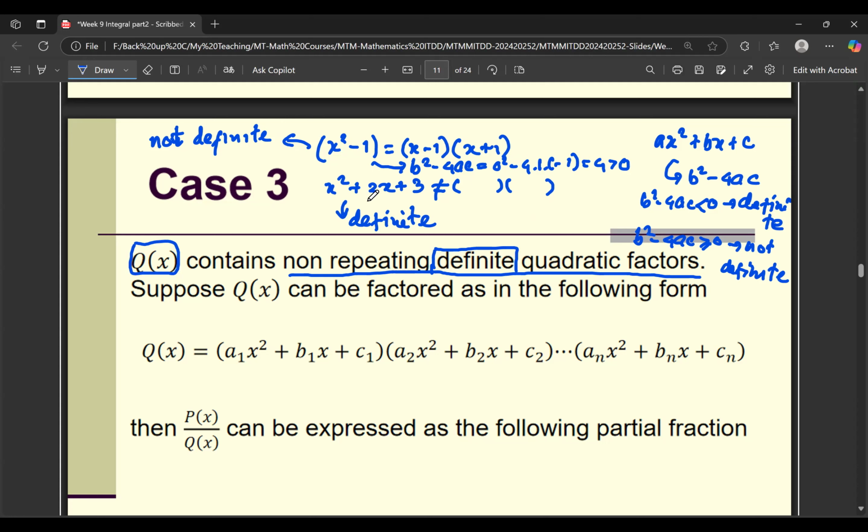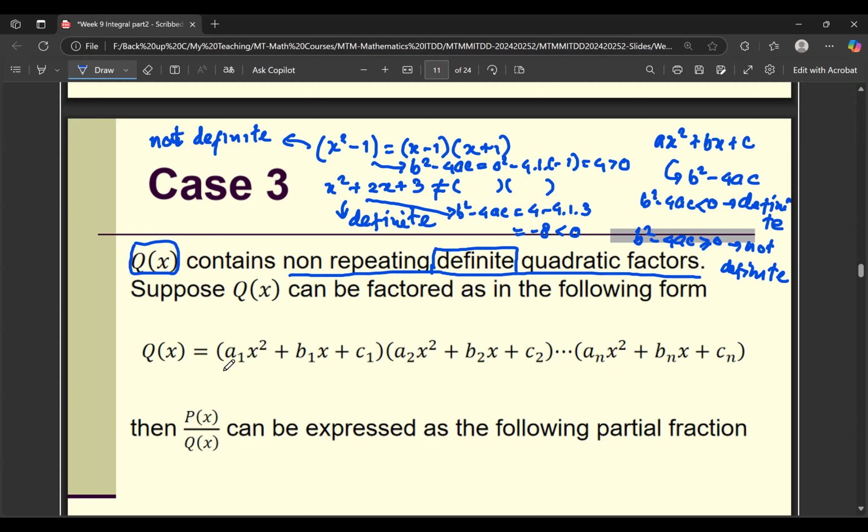And what about this one? b squared minus 4ac is 2 squared, which is 4, minus 4 times 1 times 3, so 4 minus 12 is minus 8. This is less than 0, so this quadratic is definite.